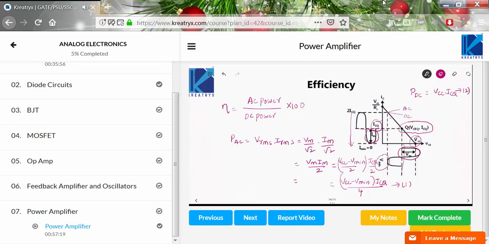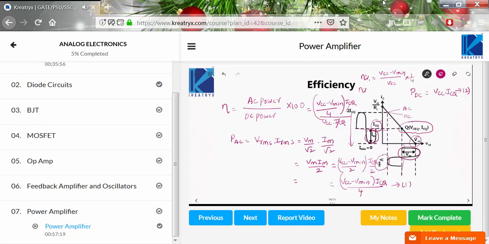Now substitute. What is the efficiency here? Efficiency is P_AC, which is (V_CC minus V_min) by 4 into I_CQ, divided by V_CC into I_CQ. I_CQ cancels. Then efficiency is nothing but (V_CC minus V_min) by V_CC into 1 by 4.